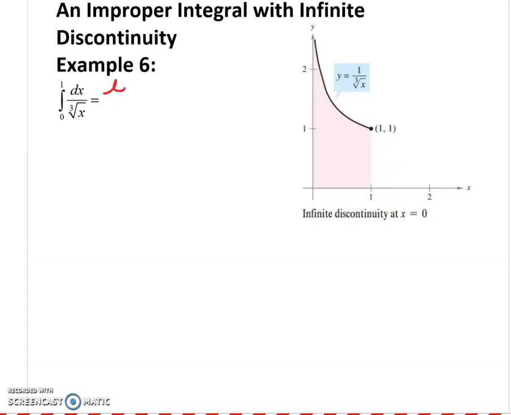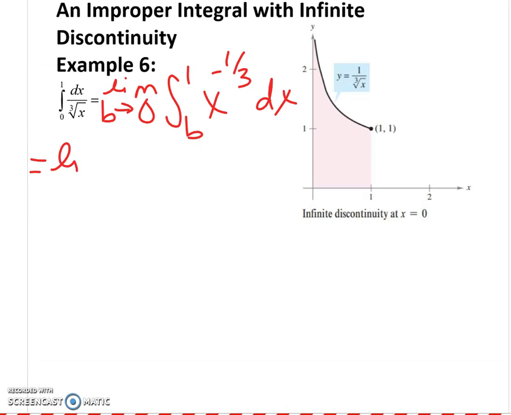So my limit then, instead of 0 being the boundary down there, it's going to be the limit as b goes to 0 of the integral from b to 1. And I'm going to rewrite that as x to the negative 1/3 dx so that I can think through the reverse power rule with that guy. So that's going to be the limit as b goes to 0. If I reverse the power rule, add 1 to the exponent, so that becomes x to the 2/3.